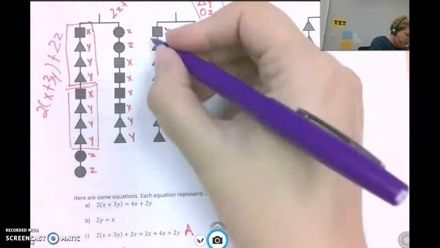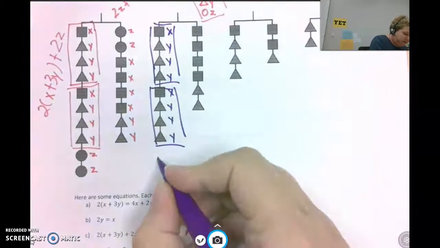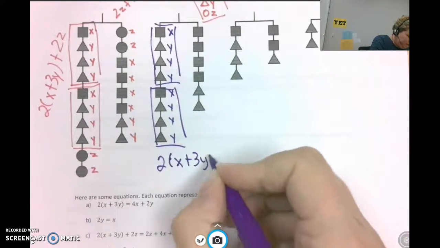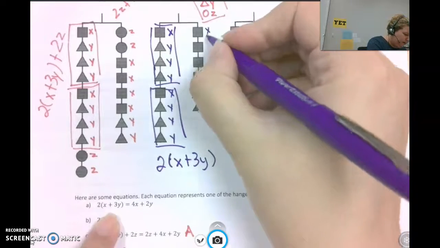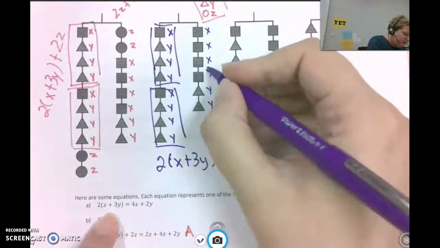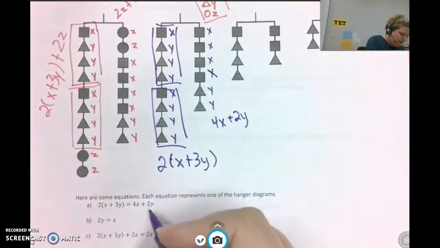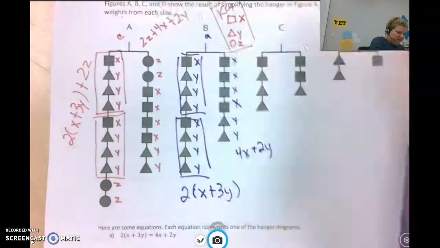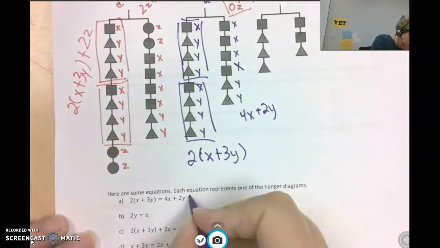So I've got 2 groups of X plus 3Y. It looks like it might be this one. And then here I've got X, X, X, X, Y, Y. So I have 4 X's and 2 Y's. And that is option A, little c up here. So for B, that was little a.